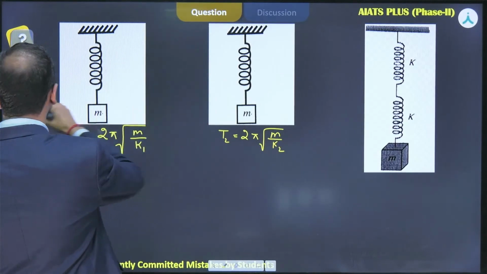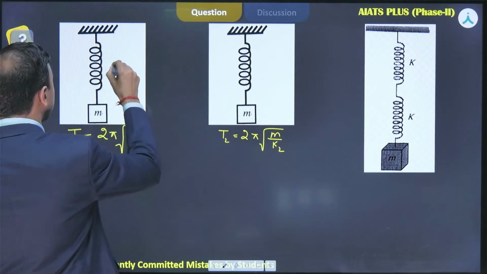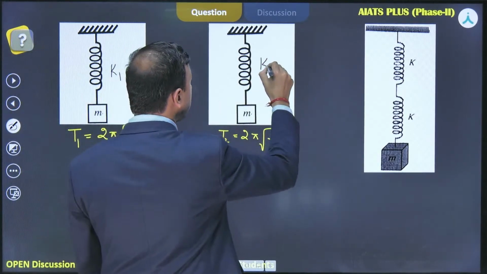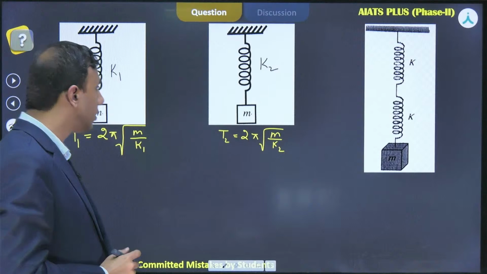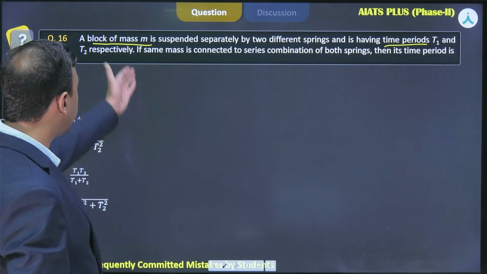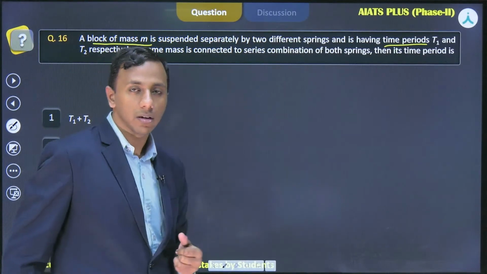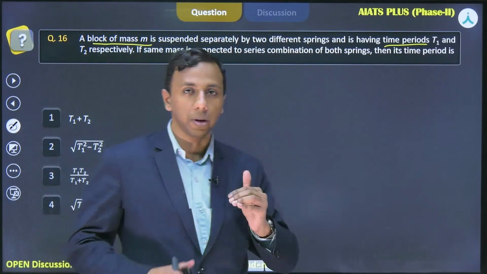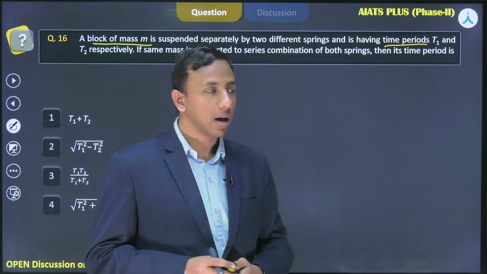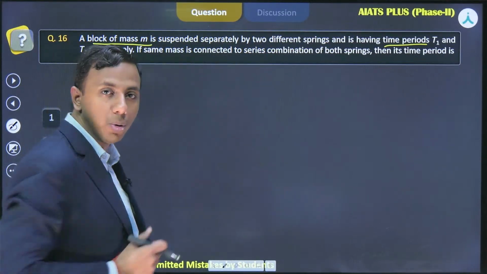So this one is your k1, okay? This one spring constant is k1, this one spring constant is k2. And if you go back to the question, they have also said if same mass is connected to series combination of both springs. So both springs, they are arranged in series now. Arranged in series, and now they are asking the new time period.